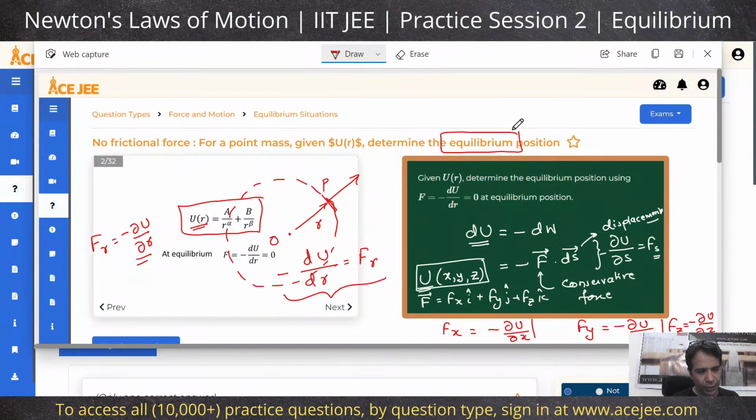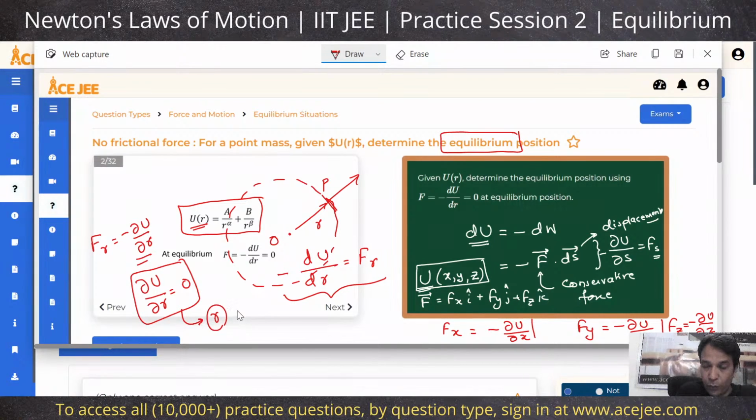So if you equate this to 0, you will be able to find the value of r for which the force is 0. That will give you the equilibrium position.